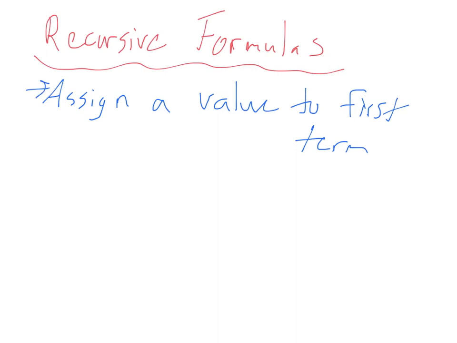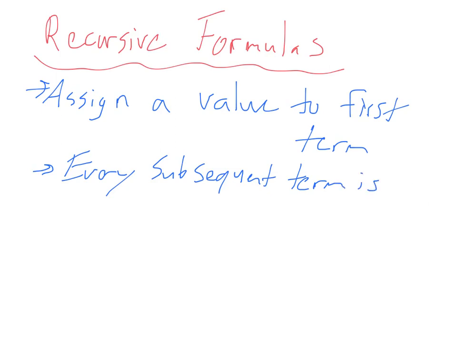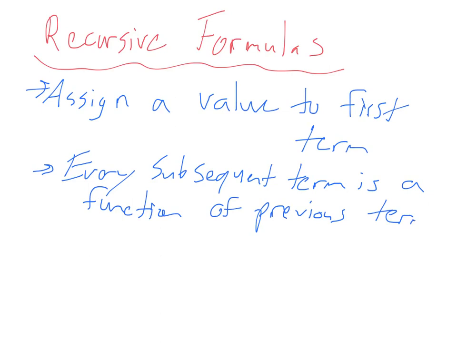And then every subsequent term is based off the previous term, or every subsequent term is a function of the previous term. This can be a very convenient way. Essentially, the sequence is not just a function of what term number it is. It might be a function of that as well, but it's also a function of whatever the value of the previous term happened to be.